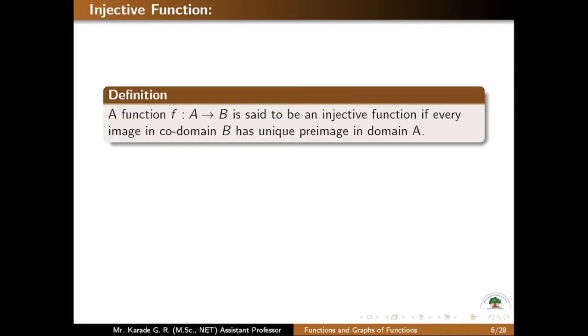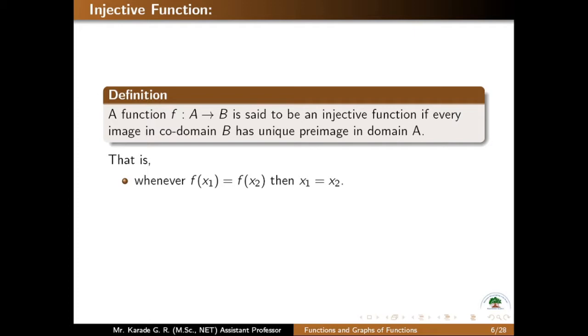Now, we see the definition of injective function. A function f from set A to B is said to be an injective function if every image in codomain B has a unique preimage in domain A. That is, whenever f(x1) is equal to f(x2), then x1 is equal to x2.